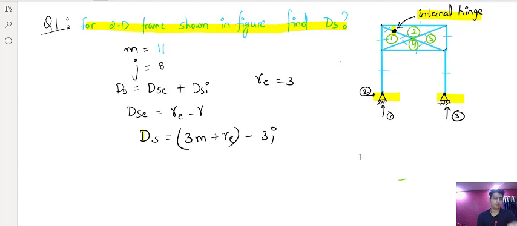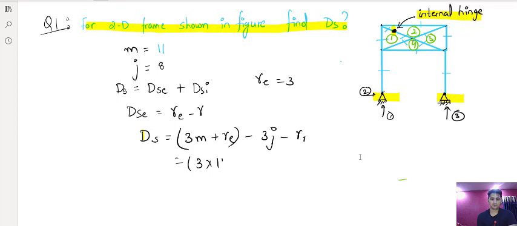This was the formula: 3 times members plus external reactions minus 3 times joints, minus RR, the number of released reactions.